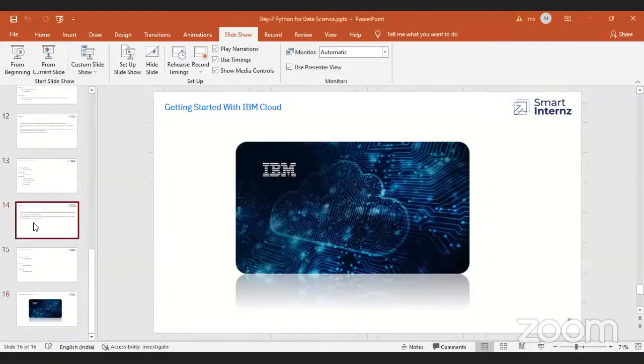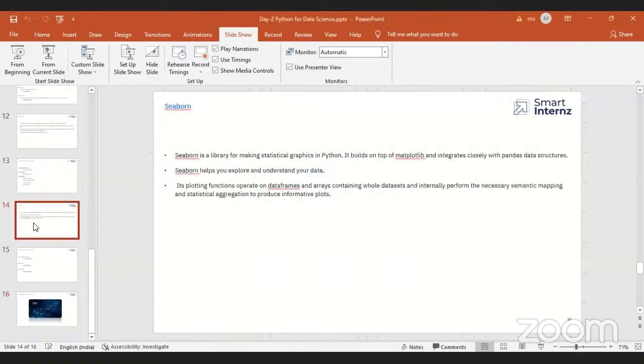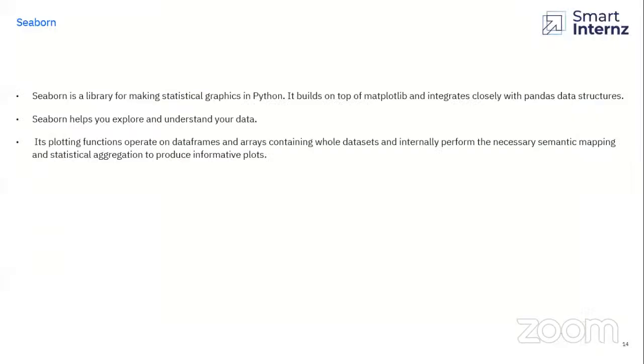Seaborn is a library for making statistical graphics in Python, and it is built on top of Matplotlib, and it integrates closely with Pandas data structures, that is data frames.